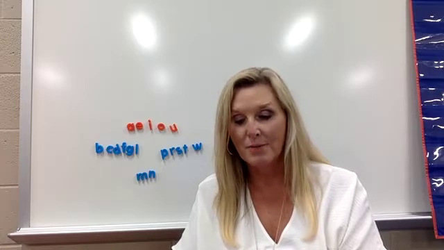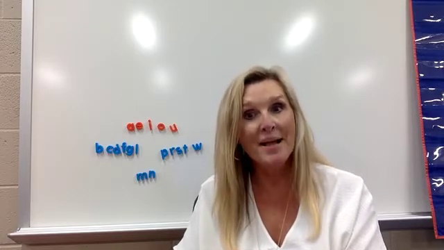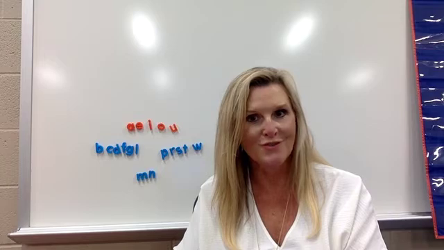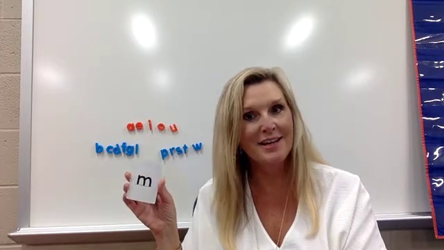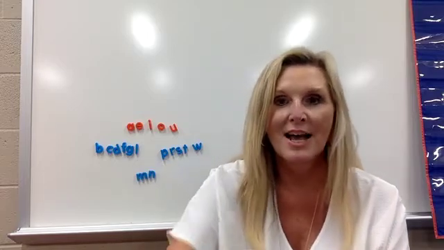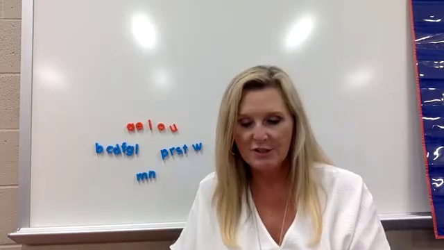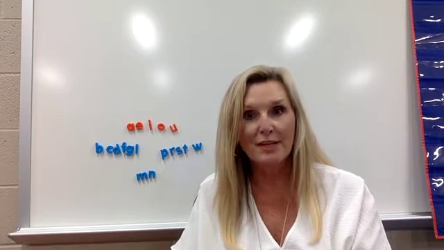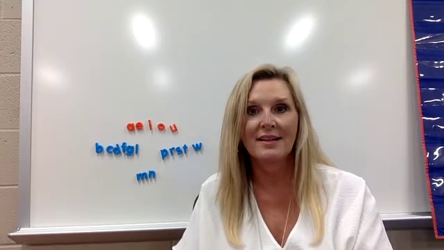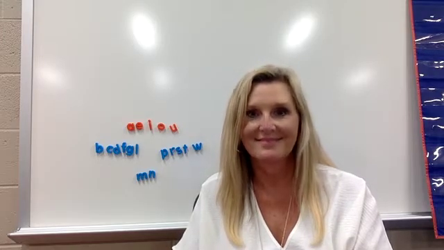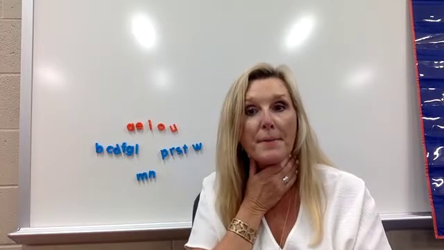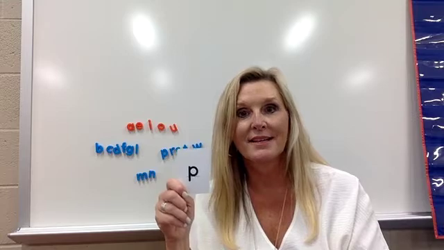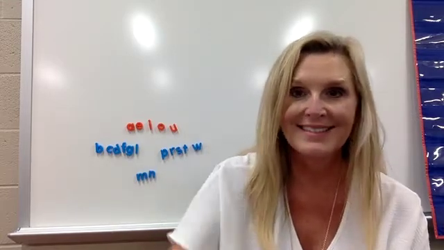How about this one? What letter says M and comes out our nose? That's right. Letter M says M. Okay, let's do one more. What letter says P? It's a lip puffer. Lips are together and it's unvoiced. Letter P. That's right. Letter P says P.